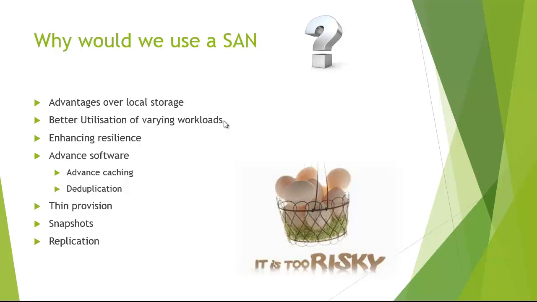There are two types of cache in SANs. You've got your volatile and non-volatile, and that's for the different types of operations. So when you're writing, a SAN will cache the write into non-volatile memory, and it will send the request back to the server to say that that data has been written even before it's been written to disk.